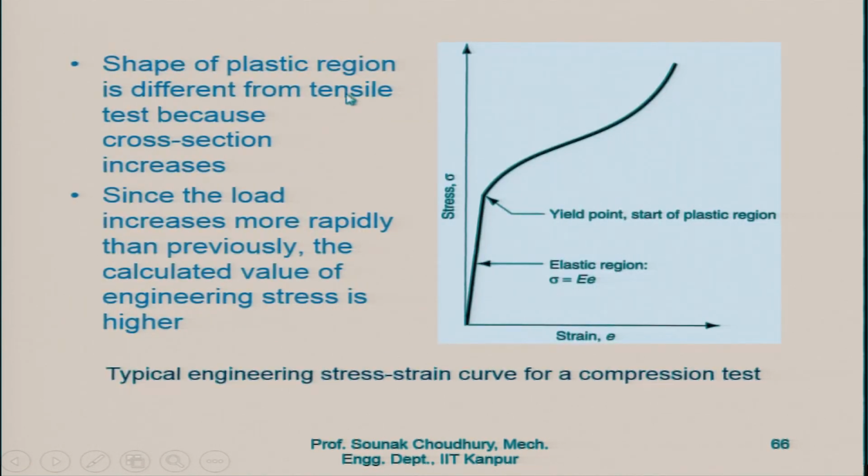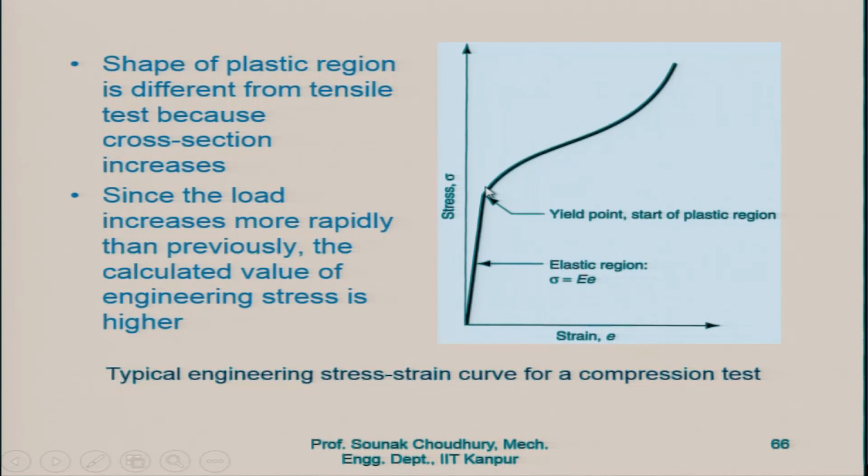The shape of the plastic region is different from the tensile test because the cross section increases. You understand that the diameter is increasing and height is decreasing, so the shape of the plastic region here will be different. Since the load increases more rapidly than previously, the calculated value of engineering stress is higher.